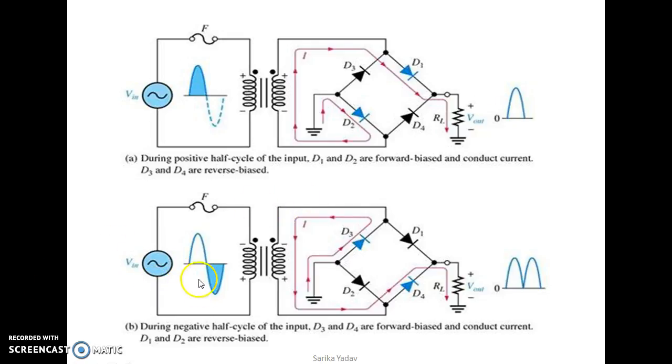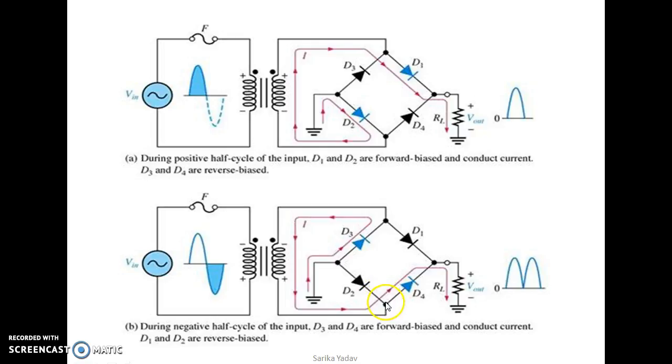Now, during negative half cycle, the upper terminal is negative and this down terminal is positive, due to which this negative terminal is connected to cathode of diode D3. That means D3 will be forward bias.